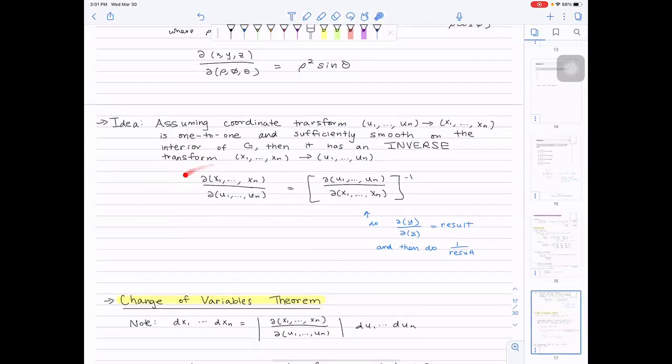This is just a note that sometimes you might have x equals something, y equals something, with u's and v's, and it might be easier to find this derivative matrix because you already have your output as x and y, and you just take the derivative.